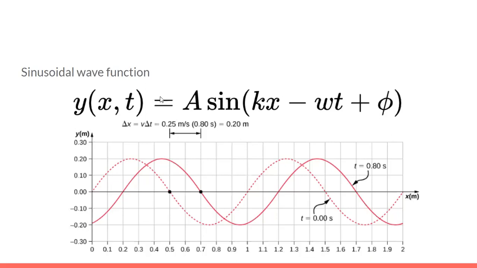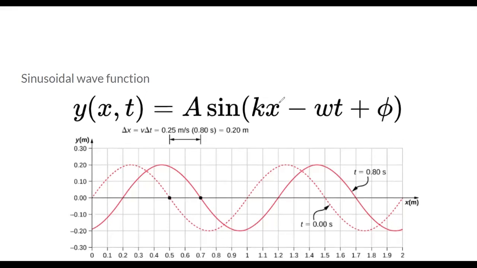So the formula to describe this entire wave is a mouthful, right? Because you have to talk about where the pulses are and also you're specifying a particular position on the wave. And because of that, there's essentially two variables to this, right?